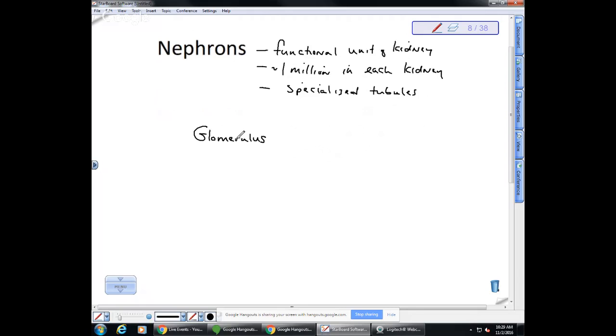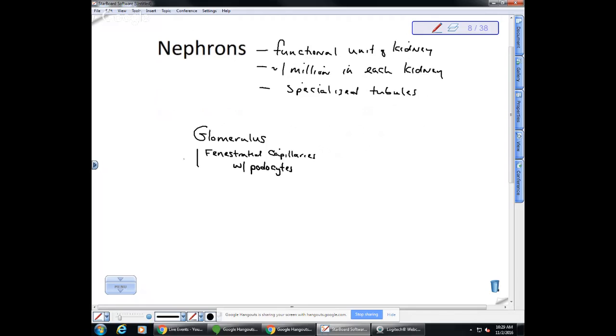Now the glomerulus is a specialized fenestrated capillary. So that's kind of unusual. Fenestrated means that it has holes in it, right? So that means a lot of stuff can get through, but it also has specialized cells around the capillaries that are called podocytes. So fenestrated capillaries with podocytes.